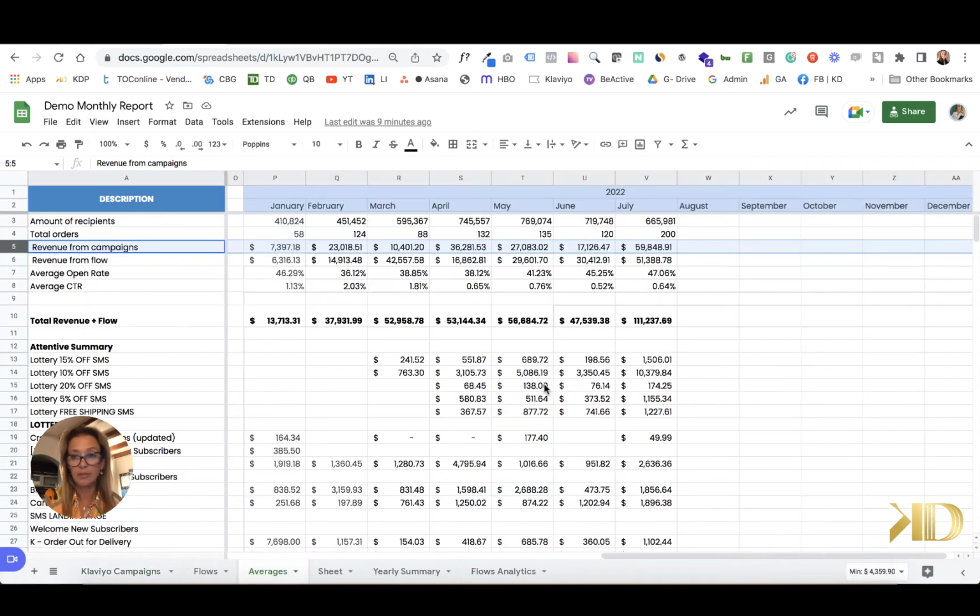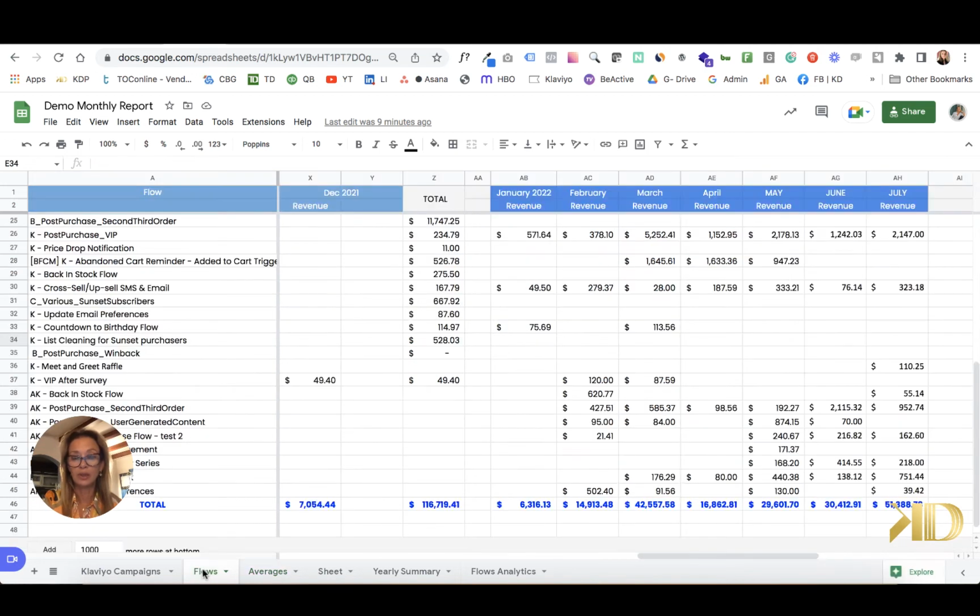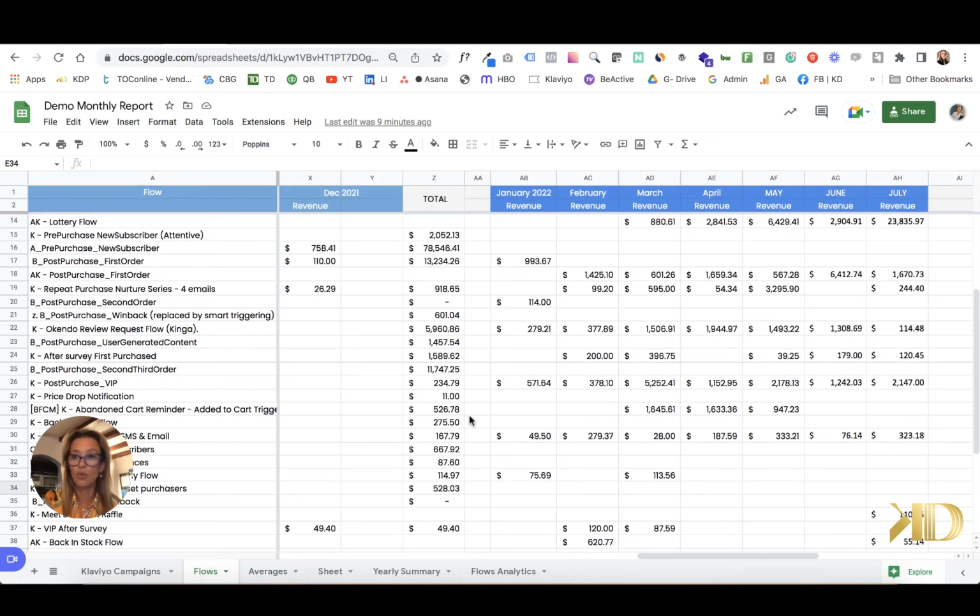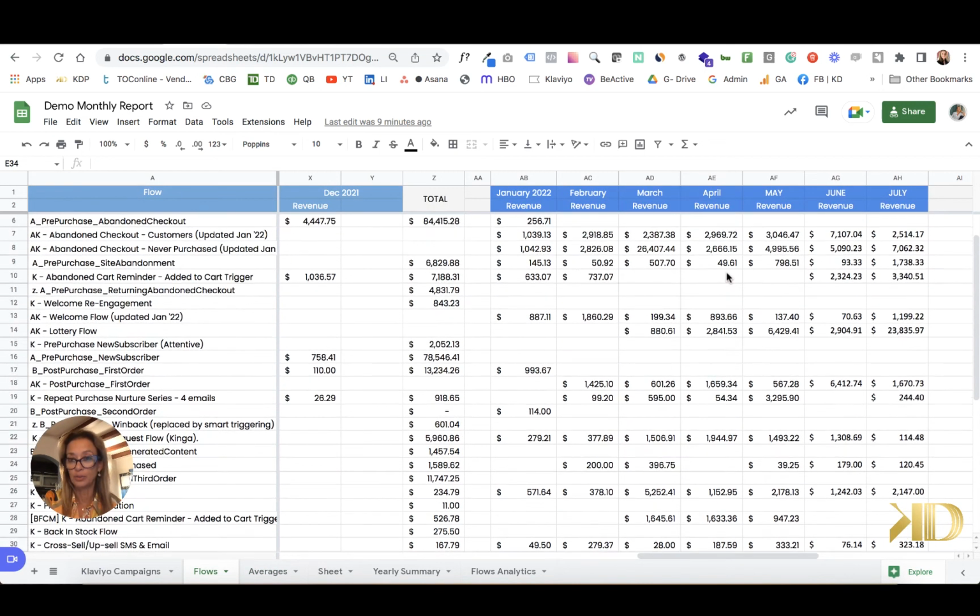But then when I'm looking at flows, for example, in this case, I can see that everything is fine. For the sake of this example, I have 6,000 here, 14,000 here. Actually, no, I have 40,000 here and 16 here. So I would question why this number is so low. I'll go now to my flows in April and start analyzing which flows underperformed.